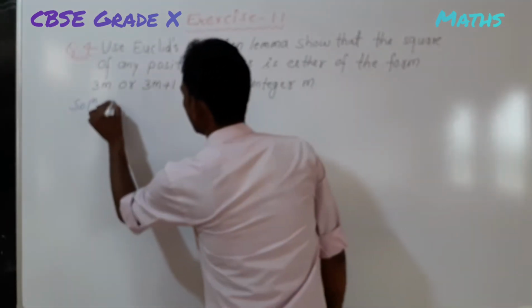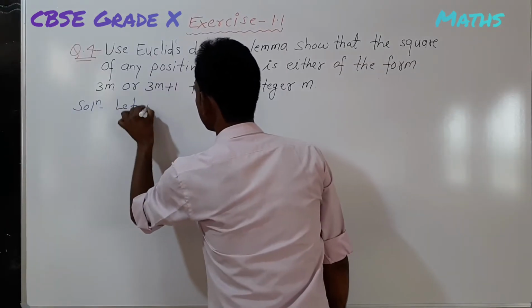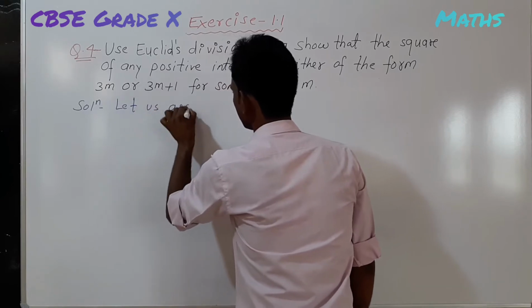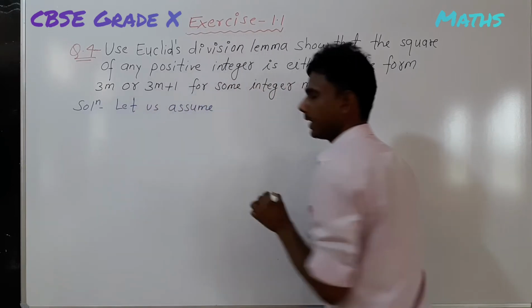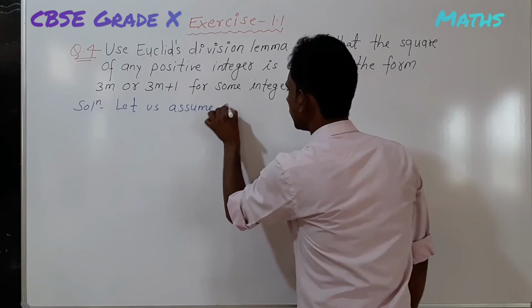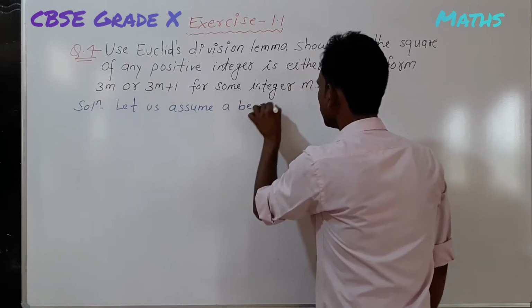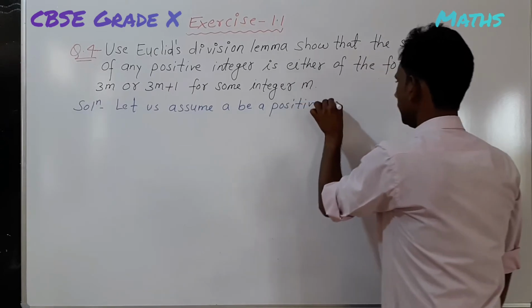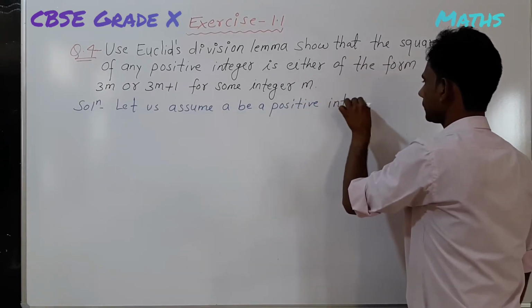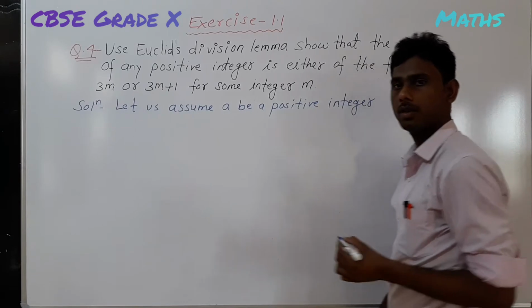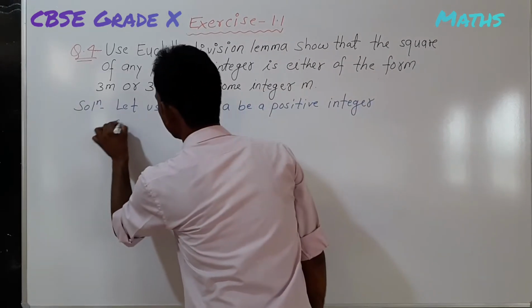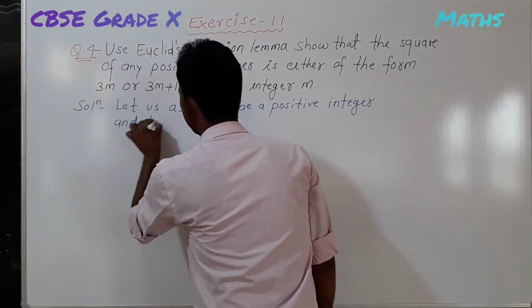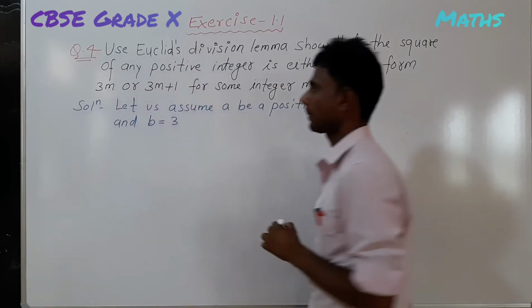Now let us assume a be a positive integer and b equal to 3.